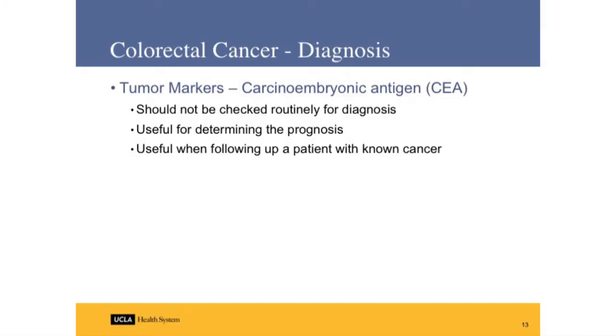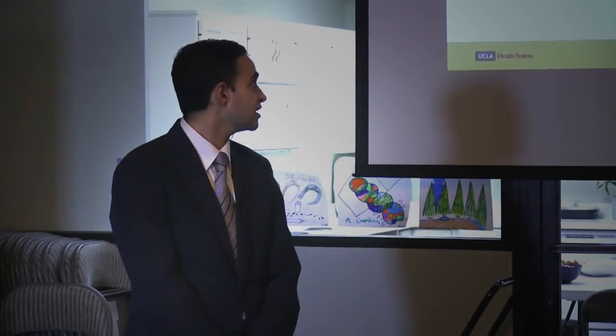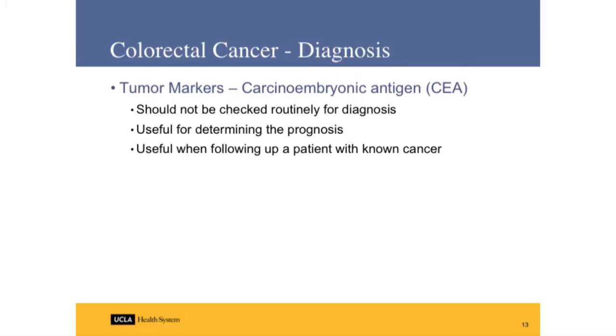The reason is because the CEA can be elevated in other conditions such as gastritis, peptic ulcer disease, diverticulitis, liver disease. So the main use of the CEA is to determine the prognosis.